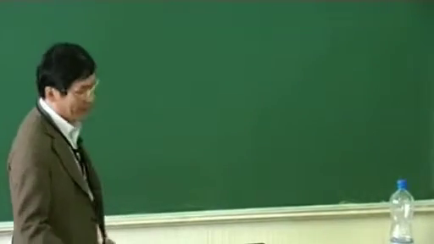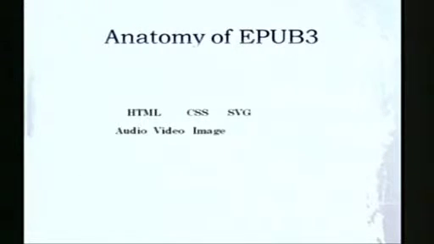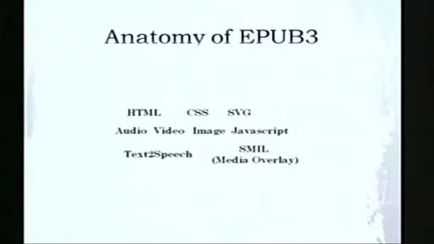Okay, this slide is intended to show the architecture of EPUB3. First, we have key components of web technology, HTML, CSS, SVG, and we have audio, video, and image. On top of it, as usual, we have JavaScript. Furthermore, we have some hint information for text-to-speech and synchronized multimedia for concurrent rendition of audio and text.